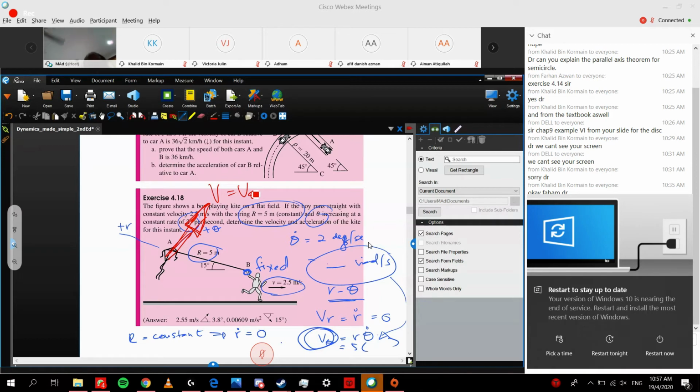The V that you get here is not the velocity of the kite, but this is the velocity of the kite as observed from B, or the boy. What you get here is V kite relative to the boy. So you know your V kite relative to B, you know the magnitude, you know the direction, you know the velocity of the boy, which is 2.5 horizontal. Then from there you can get the velocity of your kite.